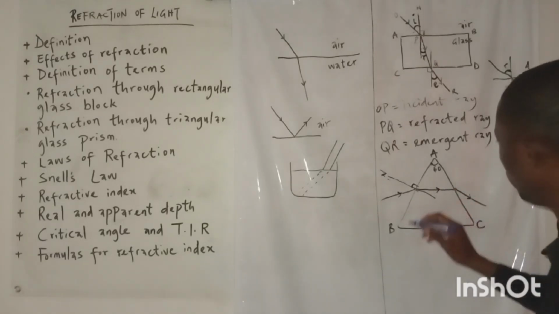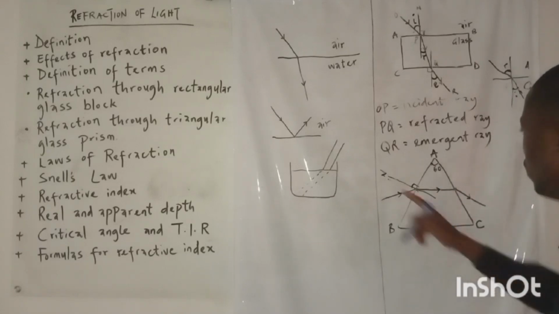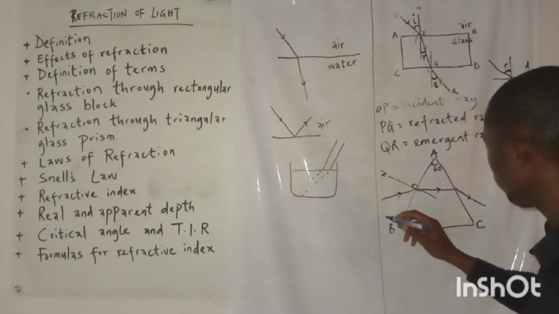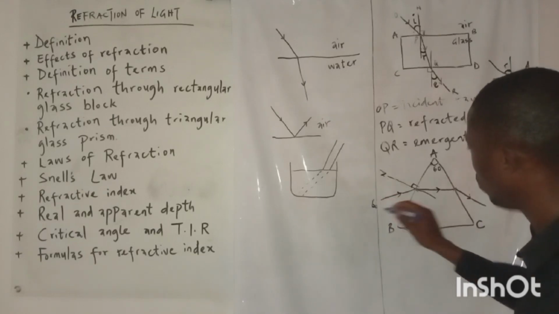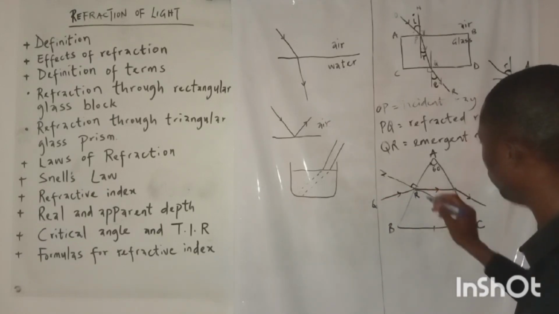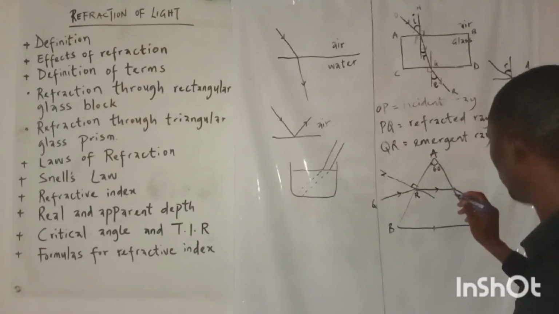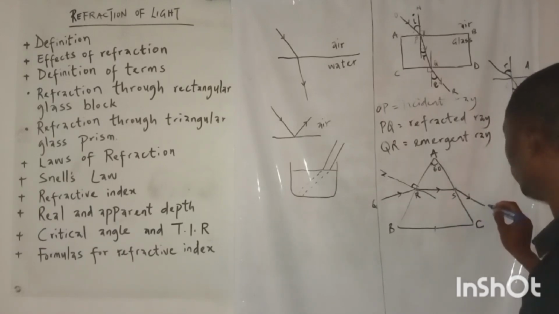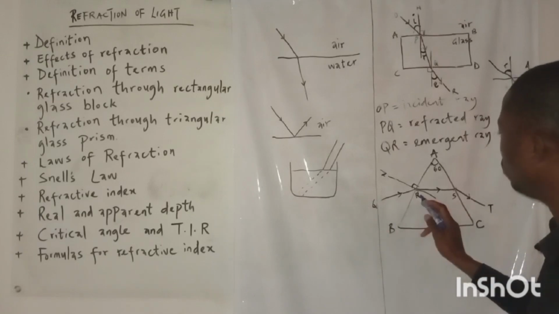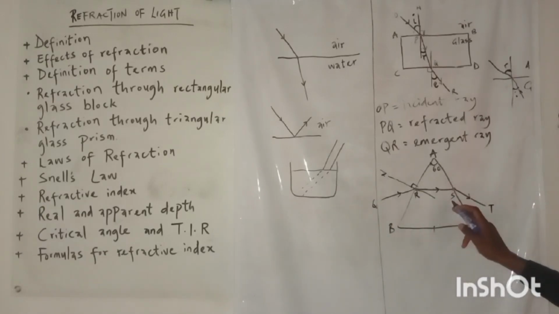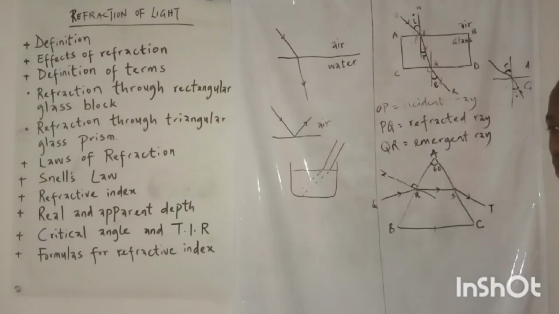So this is A, B, C. This is N. Let's call this point Q, this point R, this point S, and let's call this end T. So QR is the incident ray, RS is the refracted ray, and ST is the emergent ray.